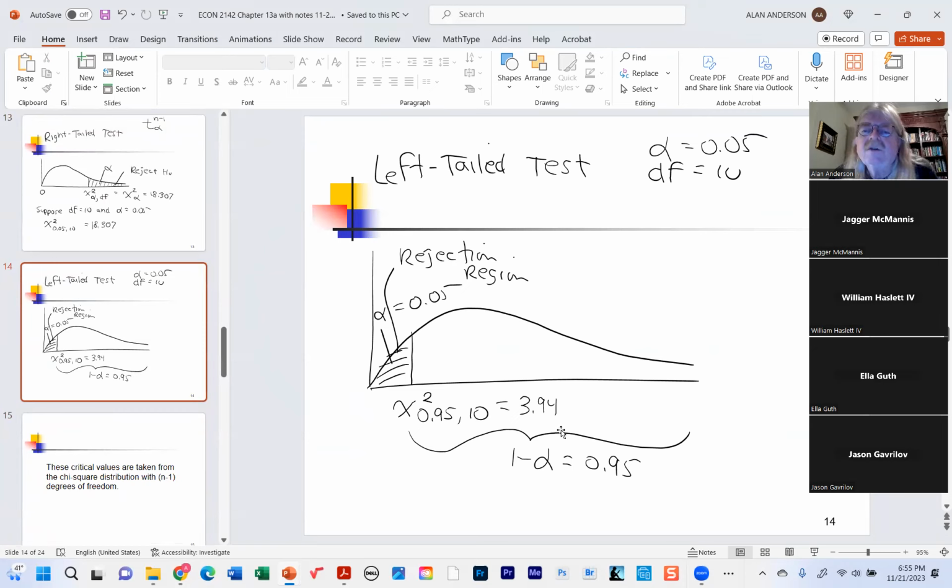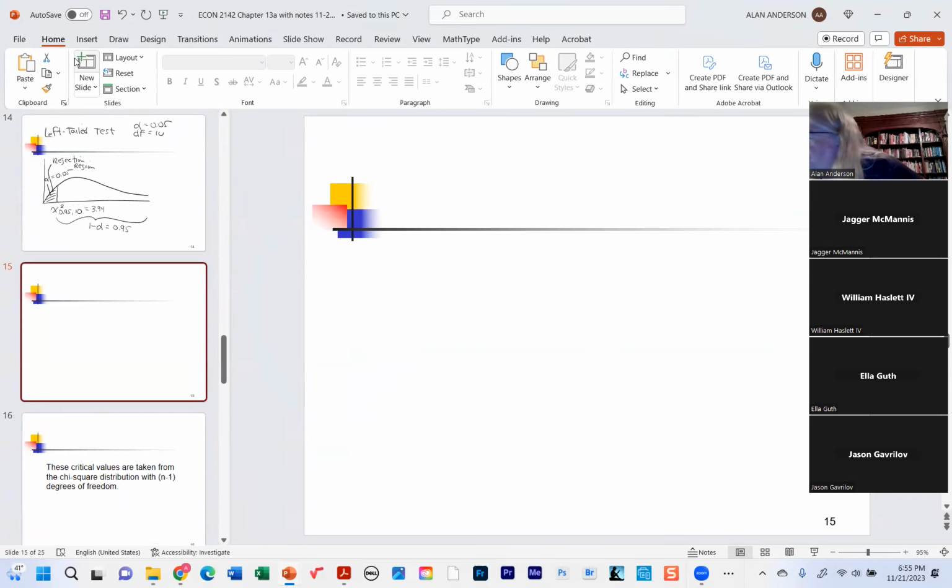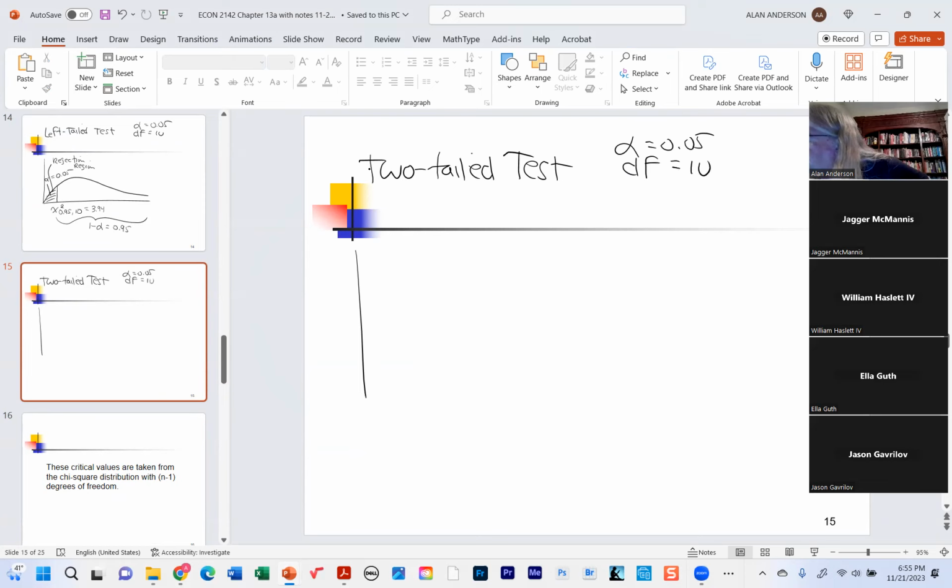All right. And then, of course, we have the two-tailed test. Let's look at that one. So again, let's assume alpha is 0.05, degrees of freedom is 10. So we have 5% that has to be split up between the two tails.